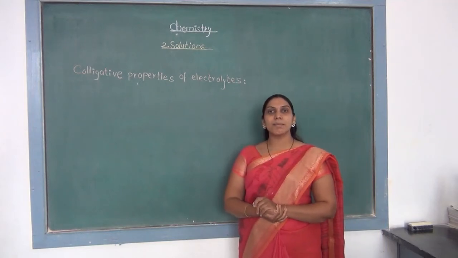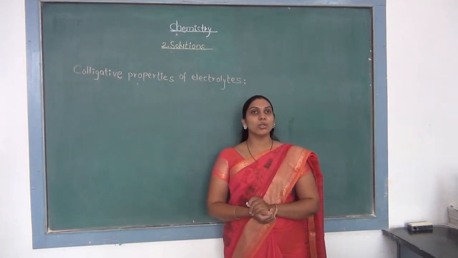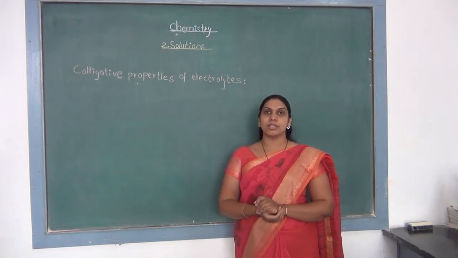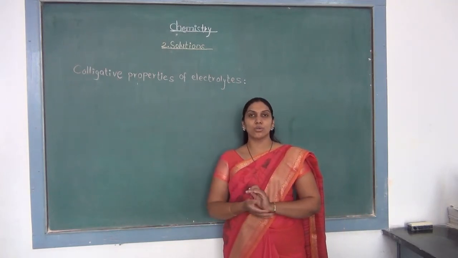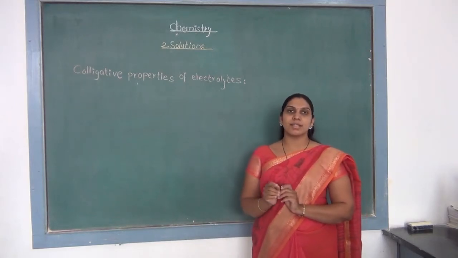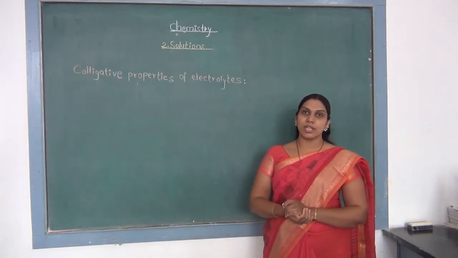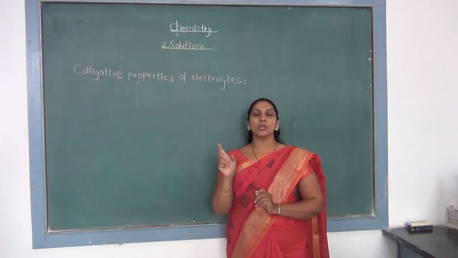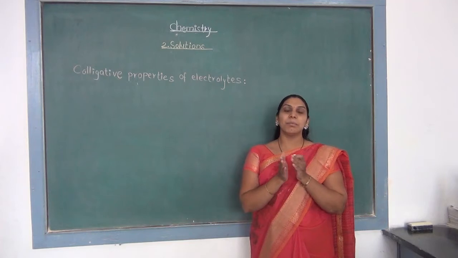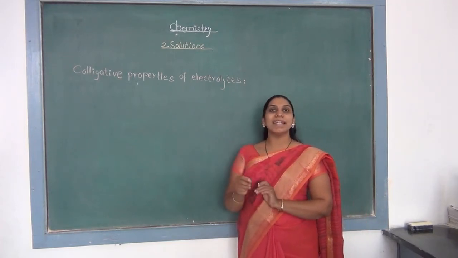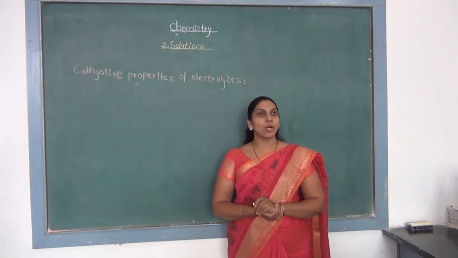Electrolytes are the substances which undergo dissociation in their aqueous solutions or in their solutions. That means the bonds which are present in those compounds break to form ions. For example, NaCl is common salt.